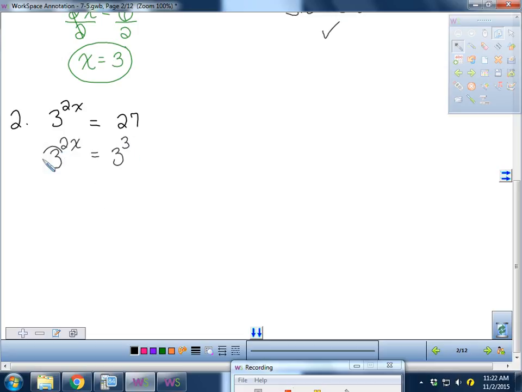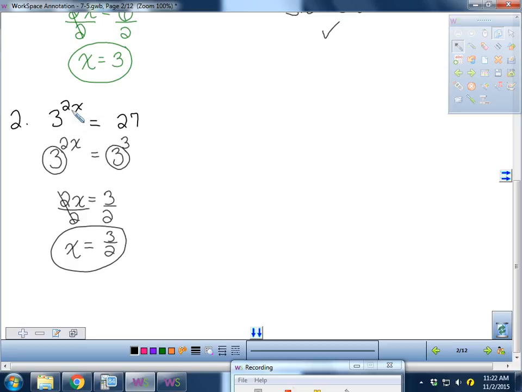Notice that your bases are now the same. So therefore I can set my exponents equal to each other. So I have 2x equals 3. I solve for x, so I have to divide by 2. So I get x is equal to 3/2.